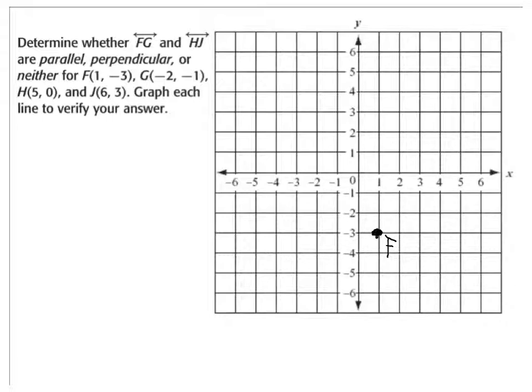So again, starting at the origin, I go left 2, down 1, and that's G. And then I simply connect the dots.